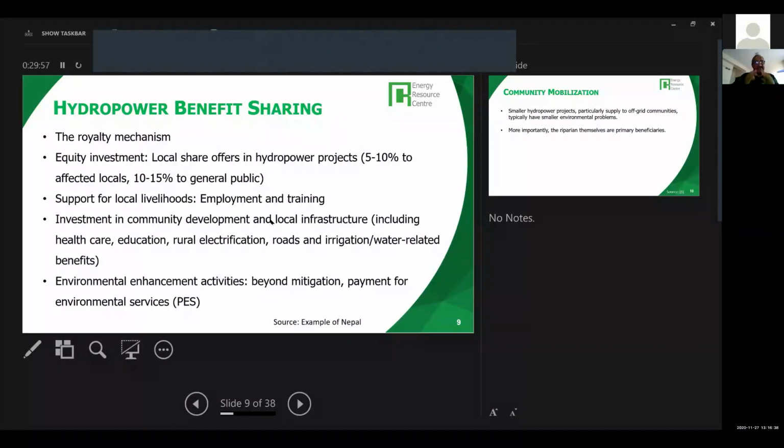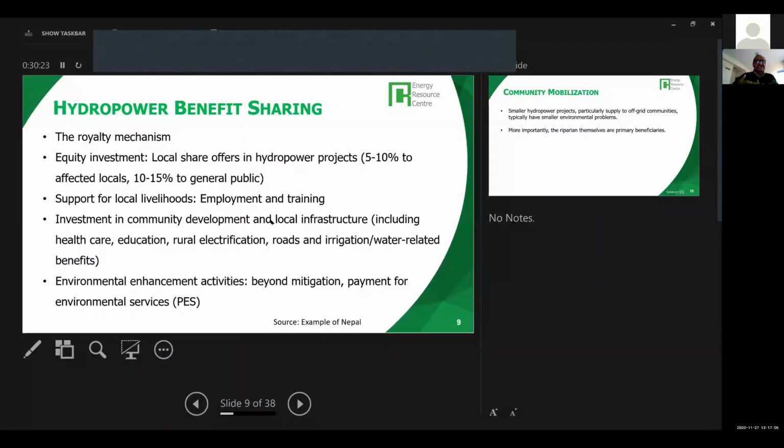By environmental services, what we mean is, if the catchment area is well protected, if the forest cover and the land use are well maintained, it will have a positive impact on the water availability and the sediment transport. So this will benefit the hydropower project.